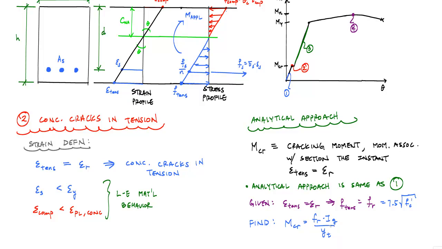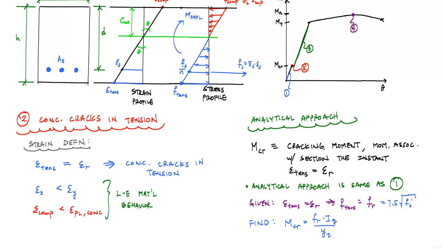And again, it's easier to do this if you ignore the steel, but if you don't ignore the steel, then you have to use the transformed area method, calculate the centroid, and go through the process, and that'll give you a more accurate result if you include both steel and concrete. But typically you can get a close enough estimate if you ignore the steel. And that is stage, or point 2 really.